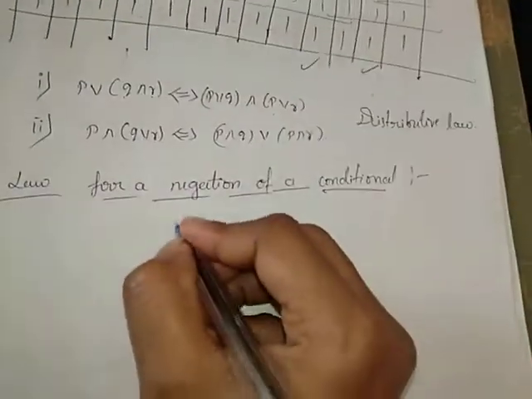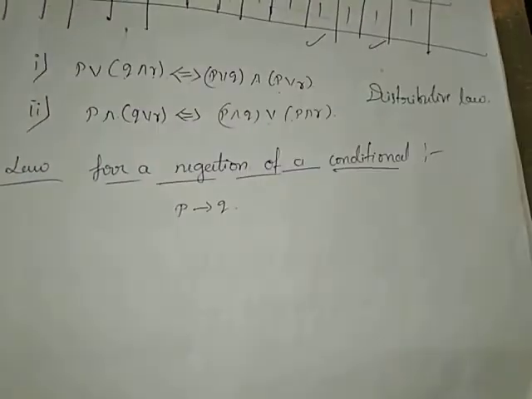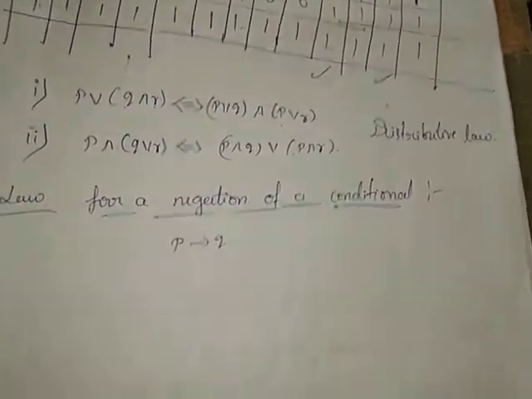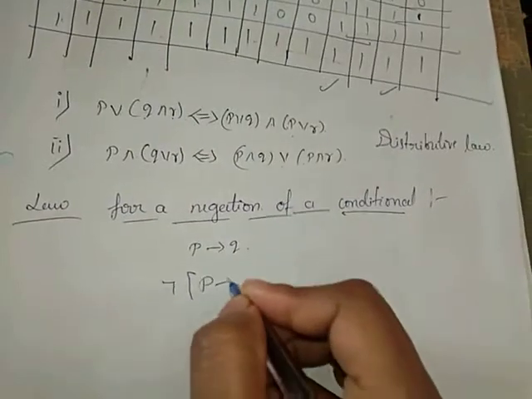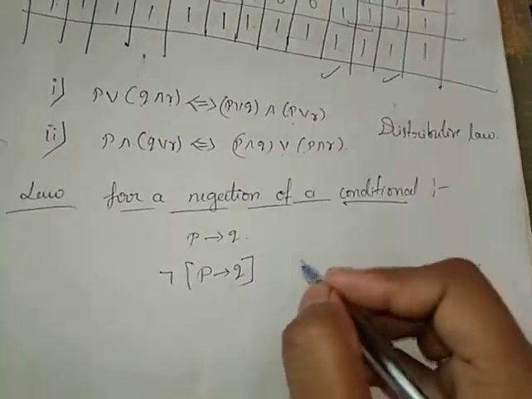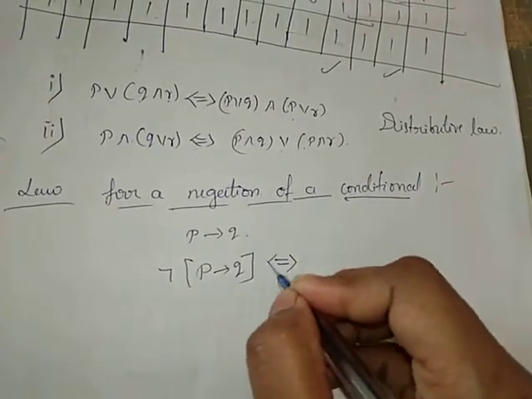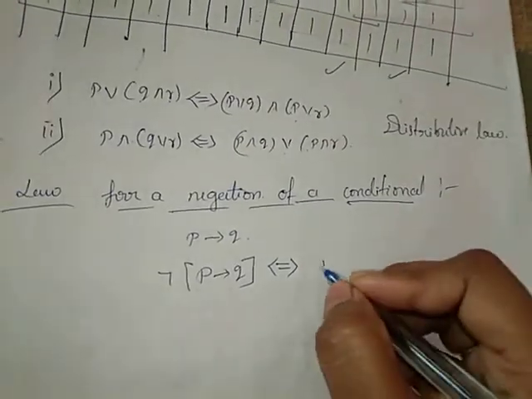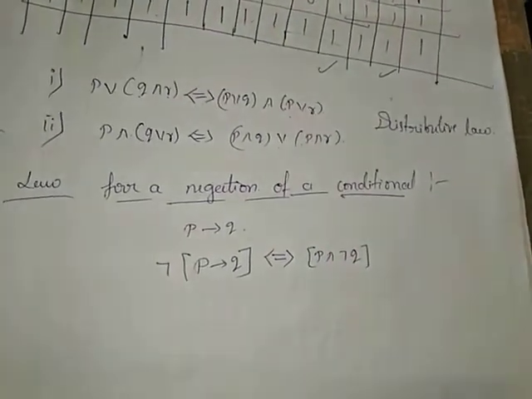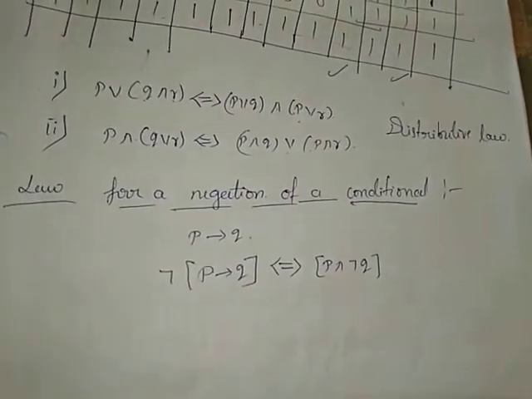The given conditional is P implies Q. We already know that P implies Q is a conditional. So the negation of the conditional means negation of (P implies Q). Negation of (P implies Q) is equivalent to P and negation of Q. That is the law of negation of conditional.